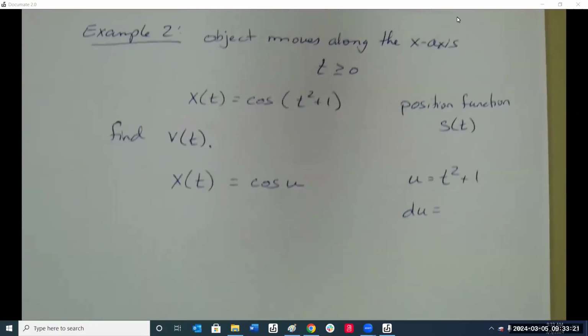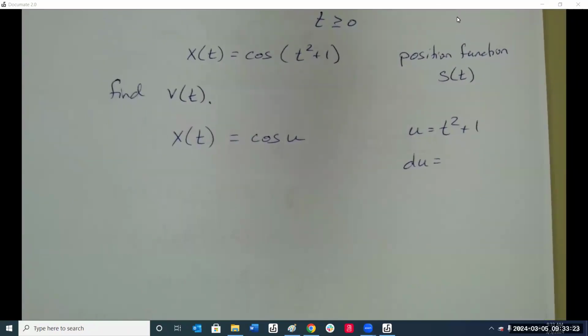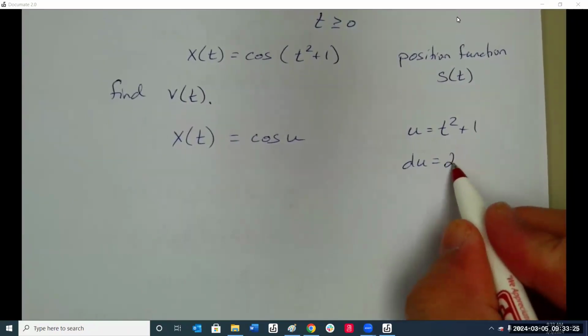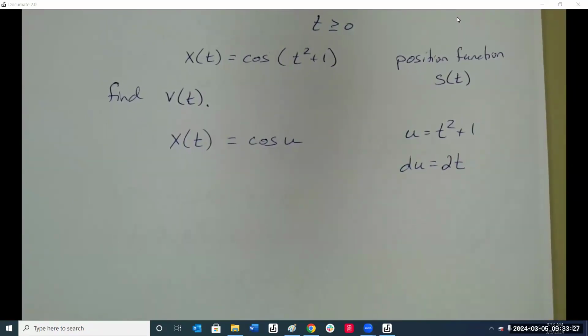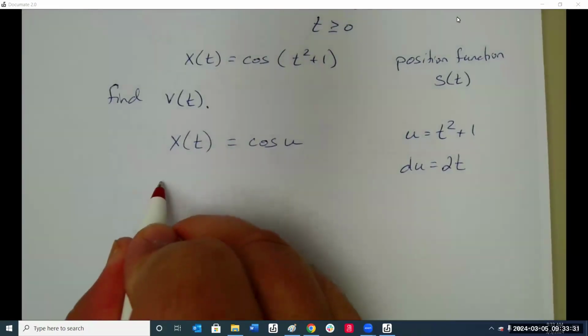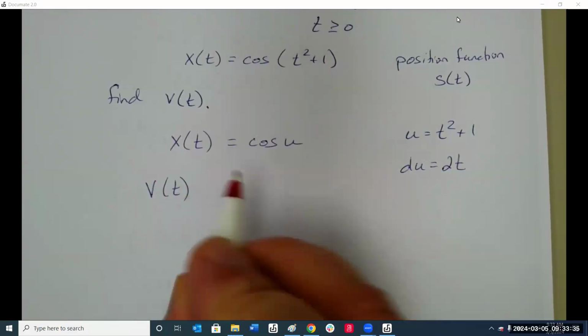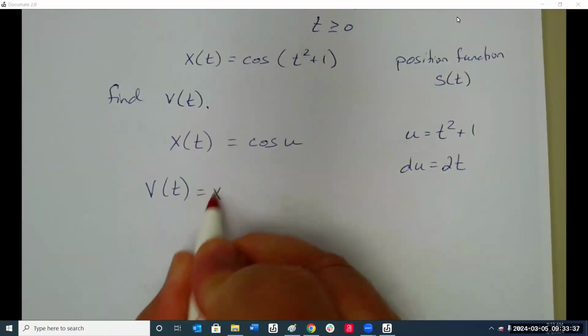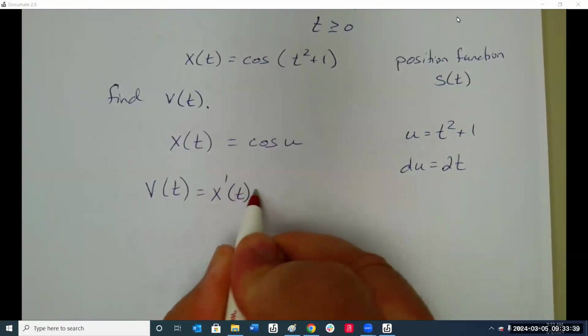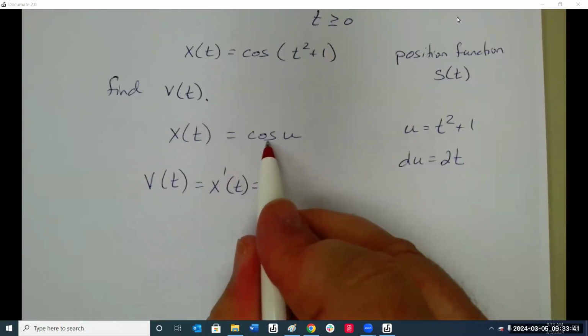What's du? 2t. So the velocity, which is the first derivative of cosine, is what?